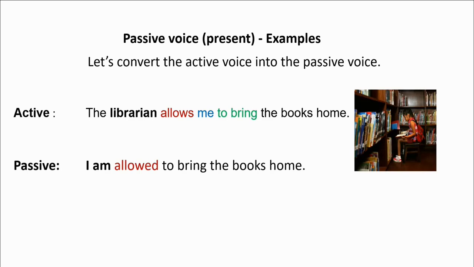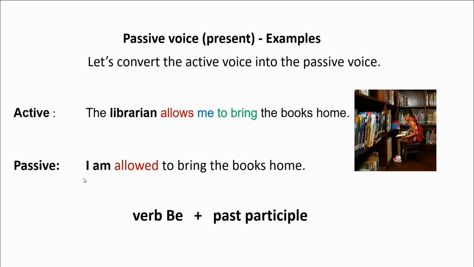So notice, I am. This is the present tense of the verb be. Because in the active, it is allows, which is in the present.